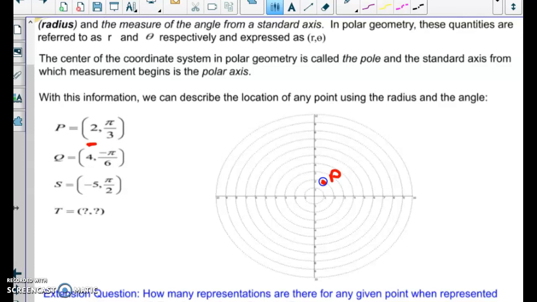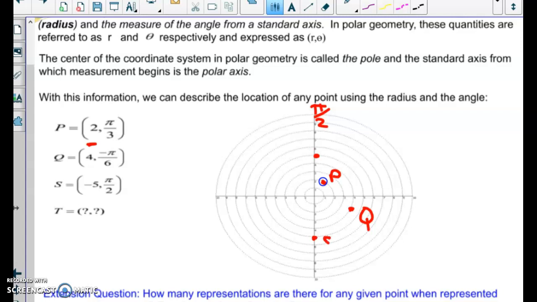And we're going to graph Q at 4, 1, 2, 3, 4, negative pi over 6. Put a Q there. And I'm going to do an S at negative 5. Now, if you look on here, there really isn't a negative 5. But if I go to pi over 2, which is up here, and I go out 5, 1, 2, 3, 4, 5, then negative 5 would be 1, 2, 3, 4, 5 going out the back way.